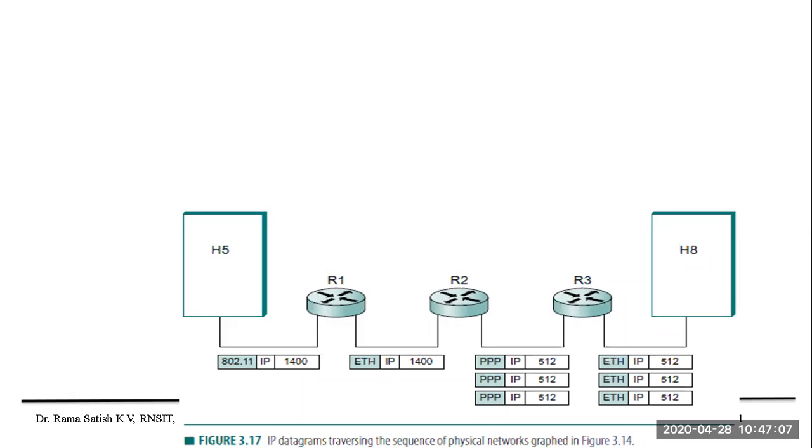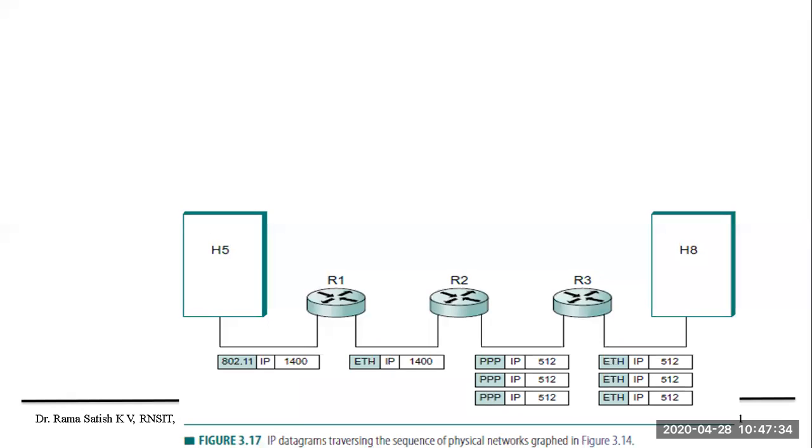But when it comes to PPP, the point-to-point network, the maximum data capacity of PPP is only 512. So what happens? The 1,400 byte packet will be split into three different packets, 512, 512, and around 300 something.